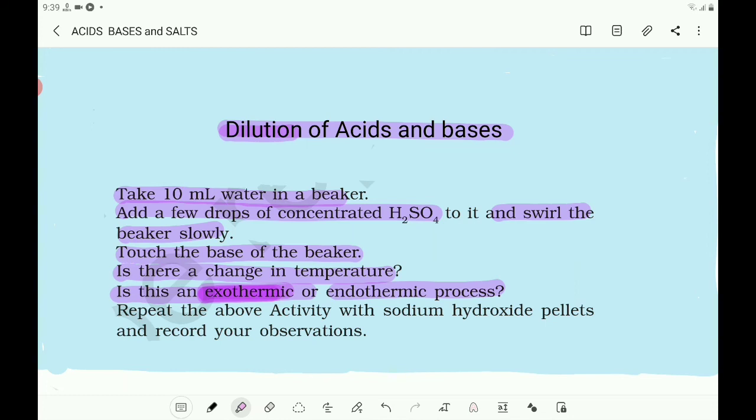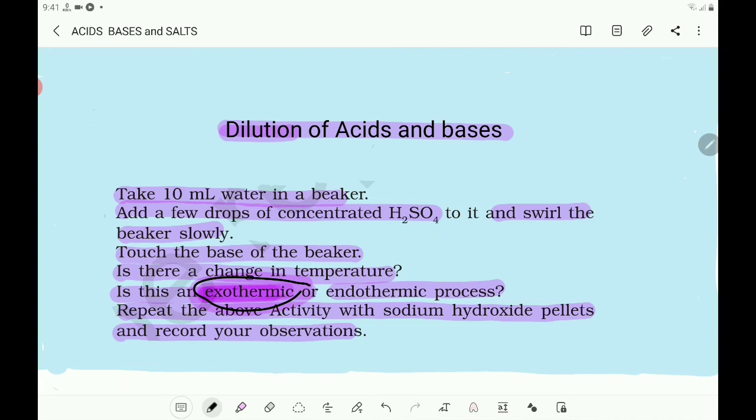Repeat the above activity with sodium hydroxide pellets and record your observations. So it is clear that the process of dissolving acid or a base in water is highly exothermic, as the heat liberates.